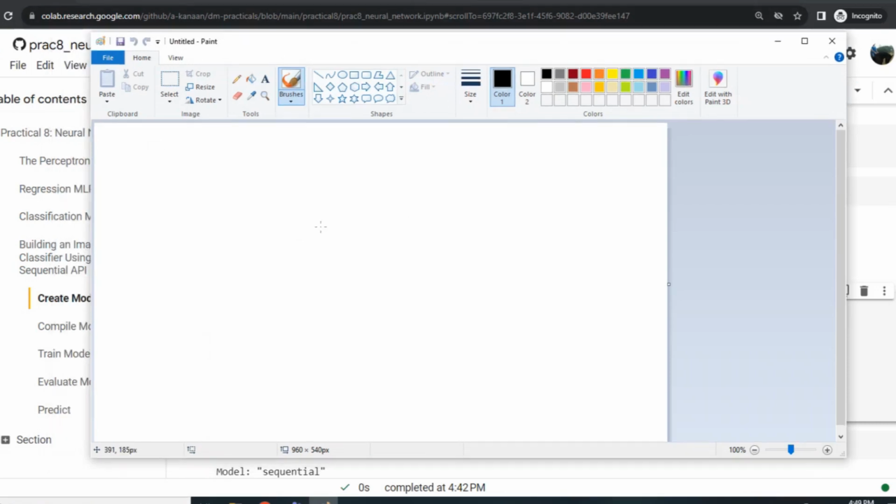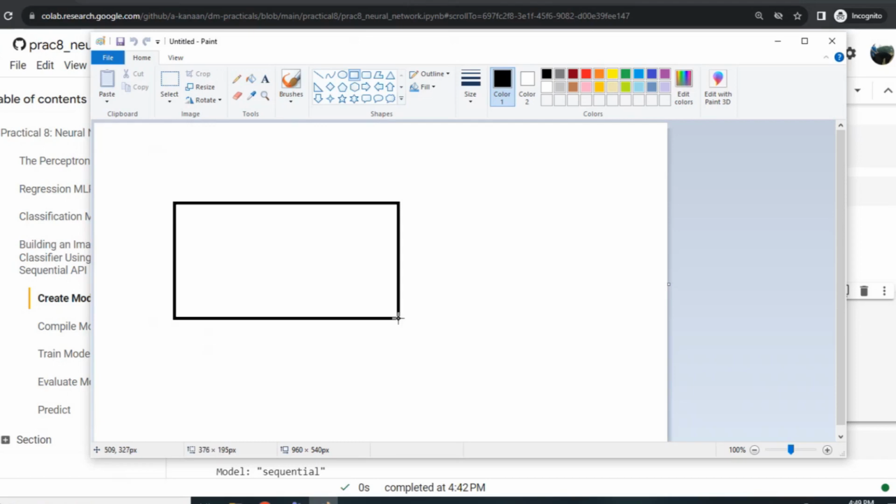Assuming this is our picture, and assuming I have only 6 pixels inside my photo. I can make it more, but I think 6 pixels is enough. Let's choose a different color.